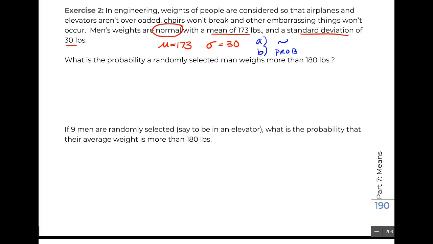What is the probability? As soon as we see this and we have that word normal, we know we're looking for an area under the curve, that a randomly selected man weighs more than 180. So we're looking for the probability that one value from a normal is more than 180. Or if we wanted to draw this out, we know we're centered at 173 and we're interested in 180 or more.